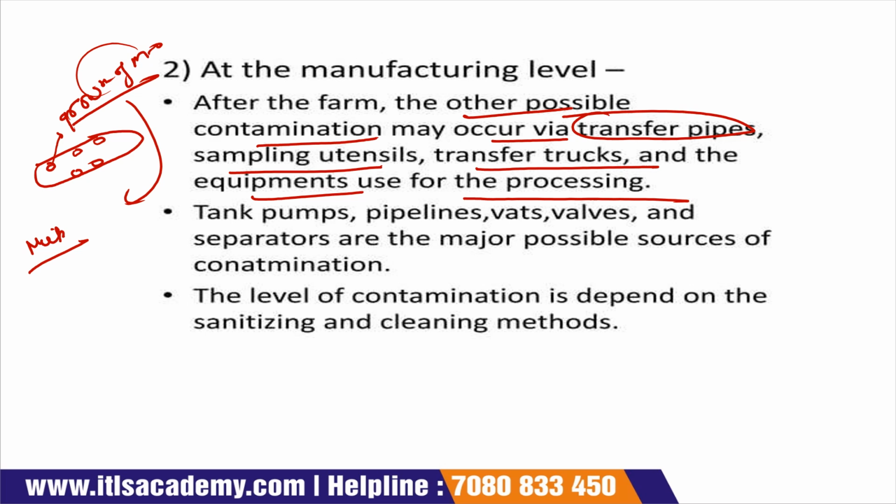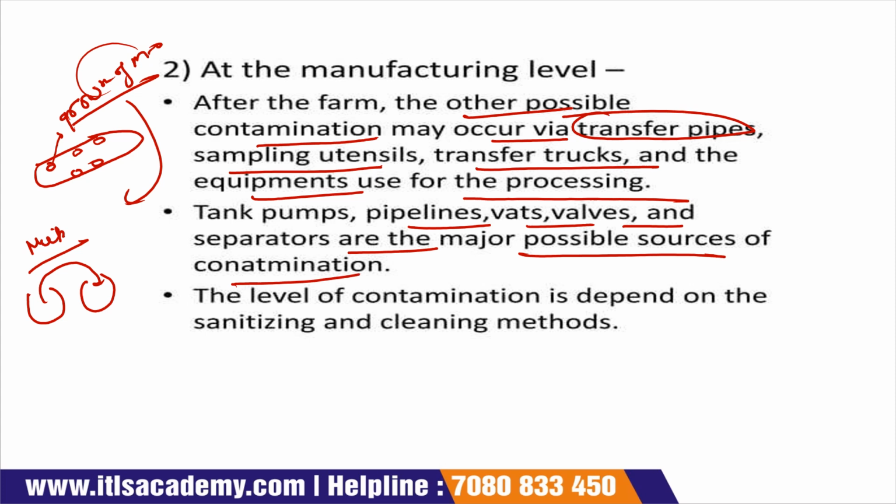Even the transfer pipe and the sampling utensils. Suppose that sampling is done, a person from a lab comes and takes a sample in a sampling utensil. Now suppose that this is your sampling utensil and this is your milk. Now bacteria transfer into the milk and will contaminate it. Tank pumps, pipelines, valves, and separators are the major possible sources of contamination.